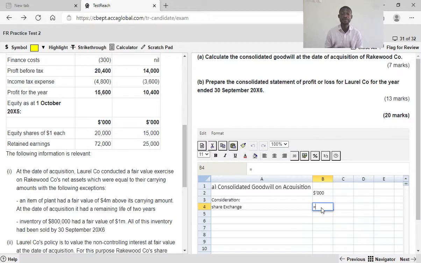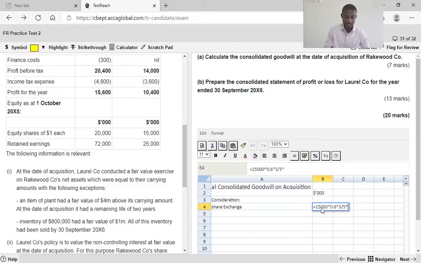I'm building the formula, and you need to do that for the marks. The share capital I can see on the left is 15 million, so it's 15,000 times the percentage acquired, which is 60%, so 0.6, times the share exchange fraction, which is 3 divided by 5.